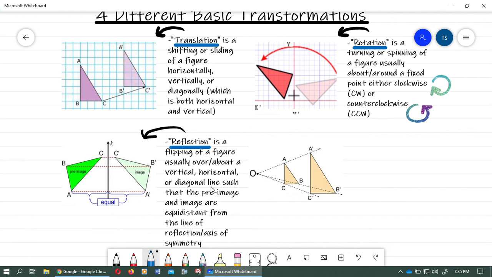And again, it's doing that. It's reflecting this image, or reflecting this figure in such a way that, guys, the pre-image and the image are going to be equidistant. Now, I should not have to break down what the word equidistant means. If you just listen to the two parts of that, I don't think anybody will have any trouble figuring out what we mean.